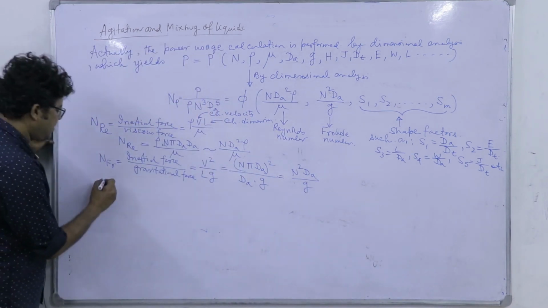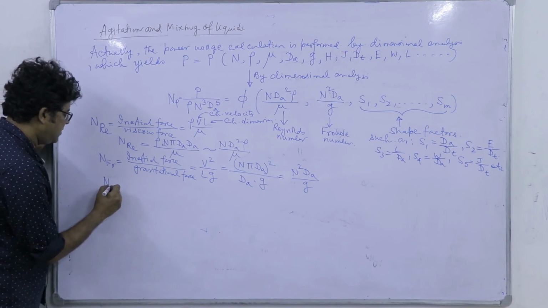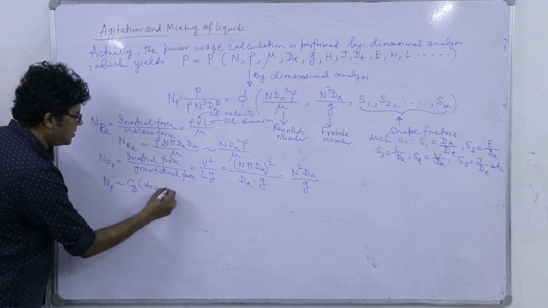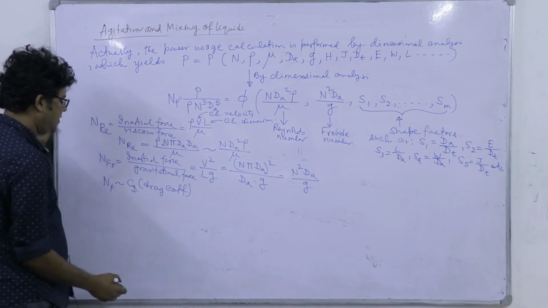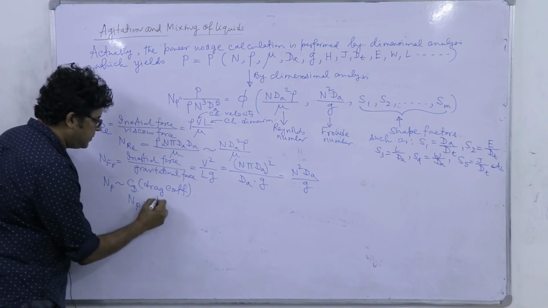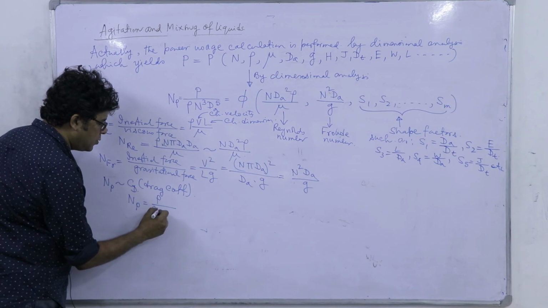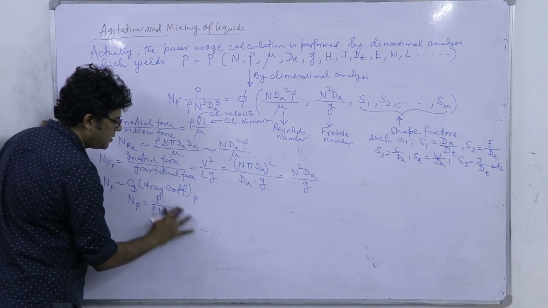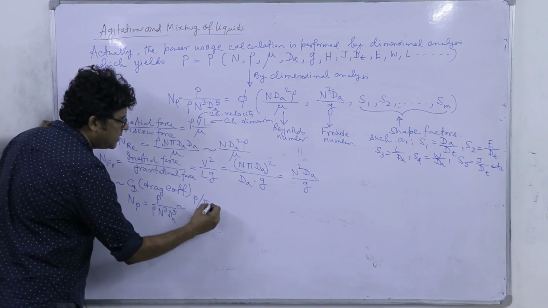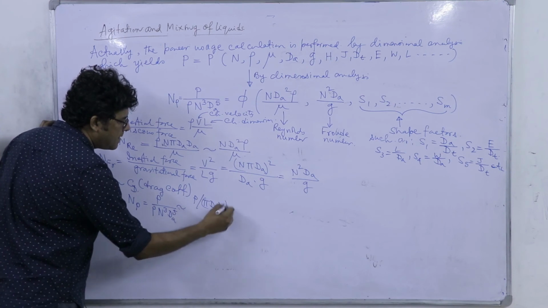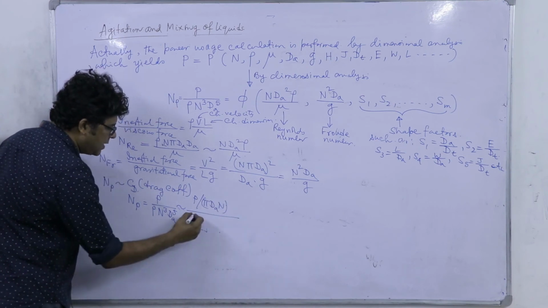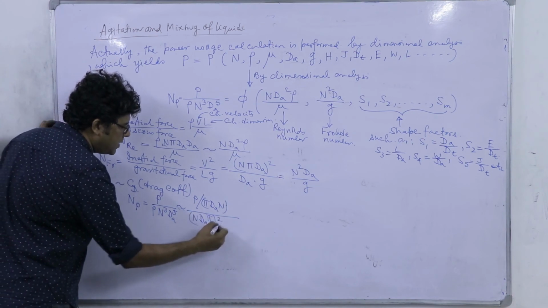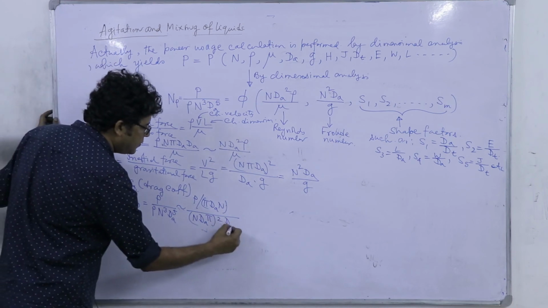And power number, what we have already discussed, Np, is equivalent to the drag coefficient. Because the power number is P divided by rho into n cube into dA to the power 5. So it is P divided by pi into dA into n, power by velocity, divided by n into dA into pi whole square multiplied by dA square.